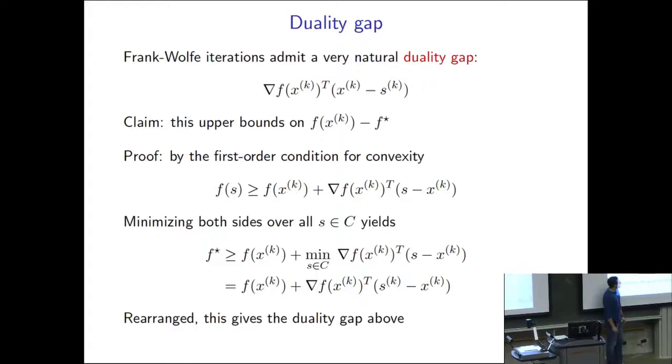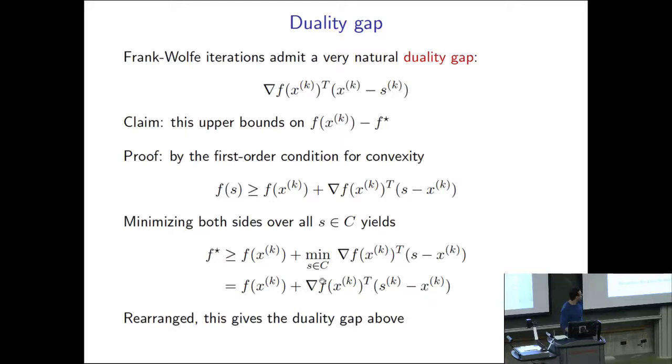And this minimum is achieved at the point sk by definition. Right? That's how we define sk. It minimizes this. So I'm just writing that here. It's equal to the inner product of the gradient of f at xk with sk minus xk. And now I just have to rearrange to get this duality gap, right?